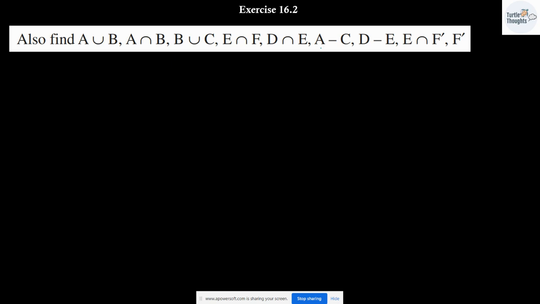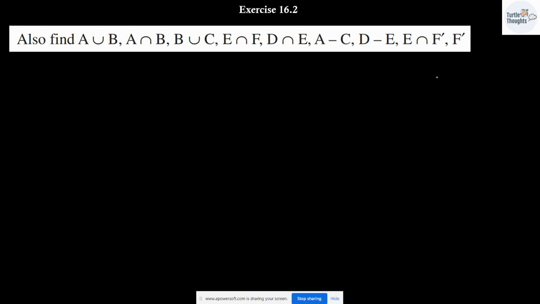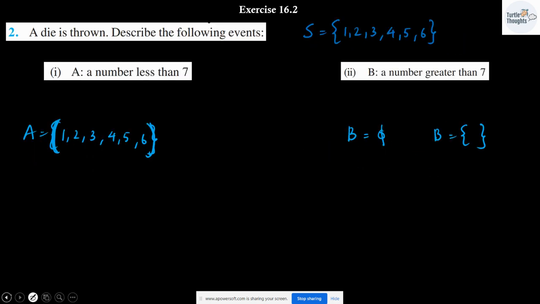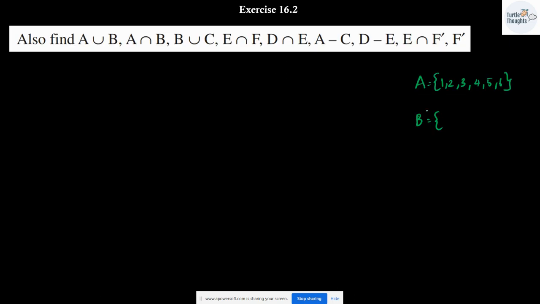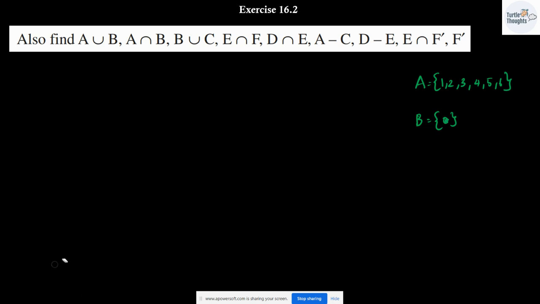For this, let me write down the values of A, B, C, D, and E. A is 1, 2, 3, 4, 5, and 6. B I have got as a null set. I can write it this way or with a symbol.